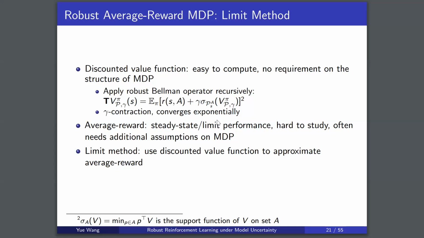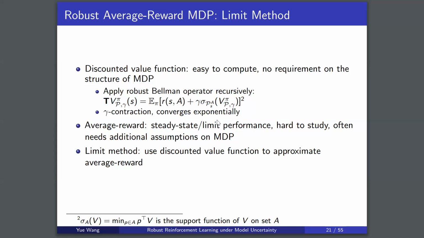I have a question. In contrast to the typical discounted value function, are you not bringing back some elements of the discounted reward that you're trying to avoid? We're taking the average reward, and then you have the discounted value function.